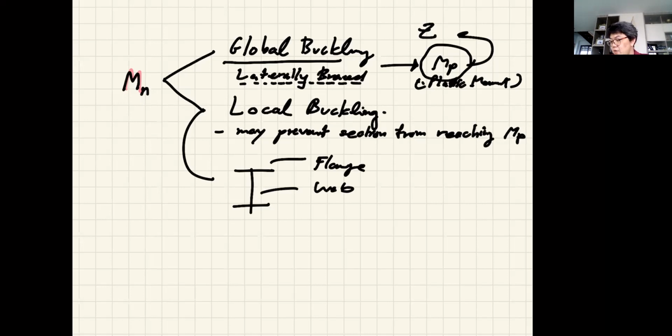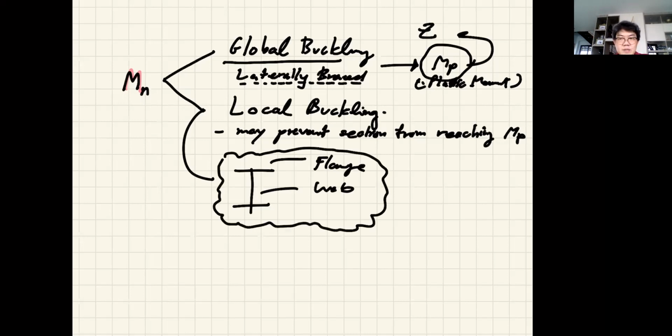This time we are going to focus on the local buckling of the flange and the web. Well, it's still the flange and the web, just like the compression member, but the stress is different, and therefore we have a different limit from compression member.